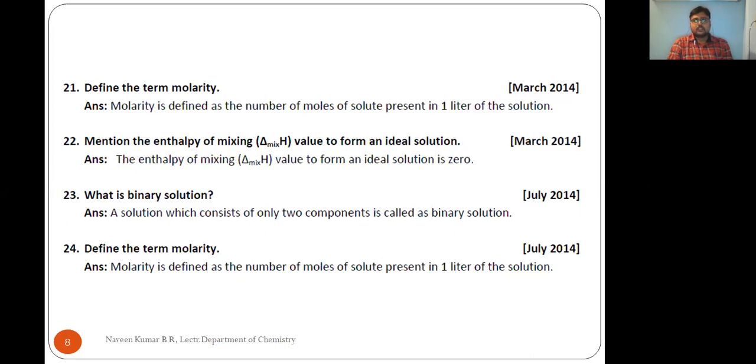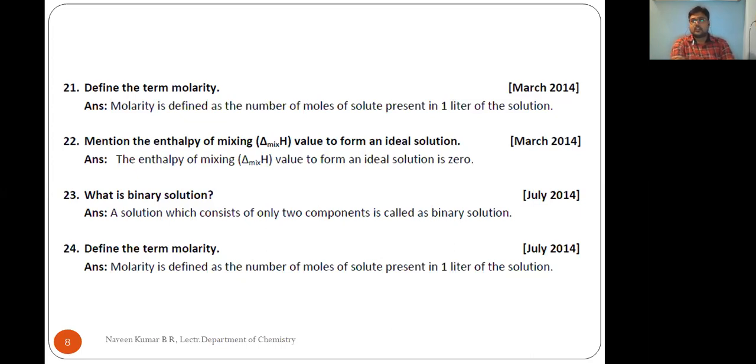Next, from the supplementary paper 2014, what is a binary solution? It's a direct question. Bi refers to 2. A solution which contains one solute and one solvent is a binary solution. It is only 2 components. So one component is solute, another component is solvent.